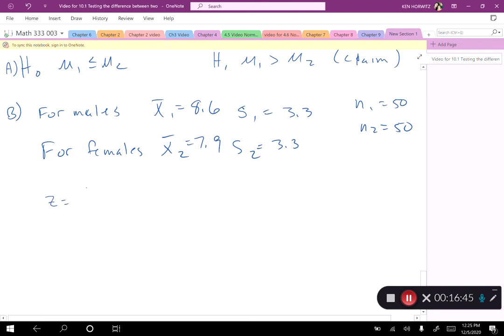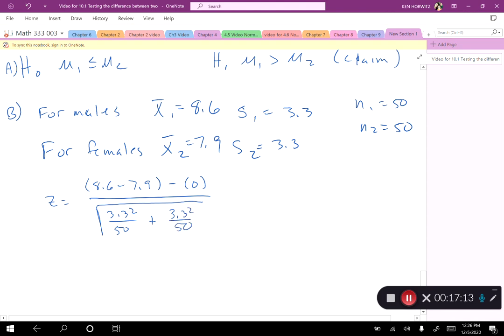All right? So it's 8.6 minus 7.9, and then if the mu's are equal, we subtract and get 0, over the square root of 3.3 squared over 50 plus 3.3 squared over 50.